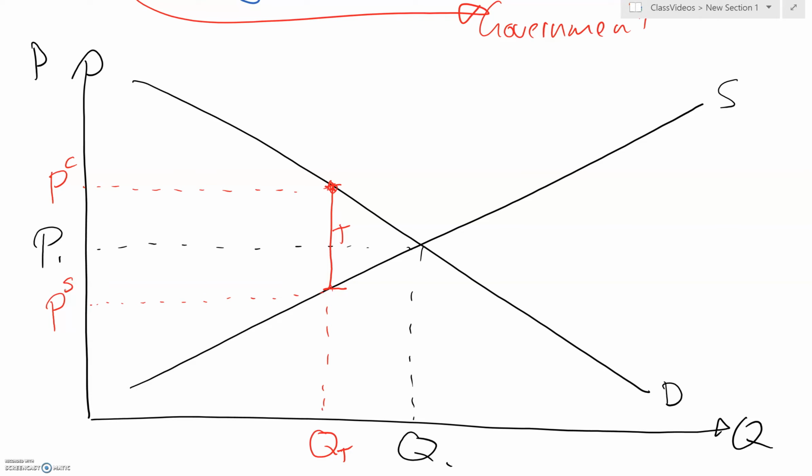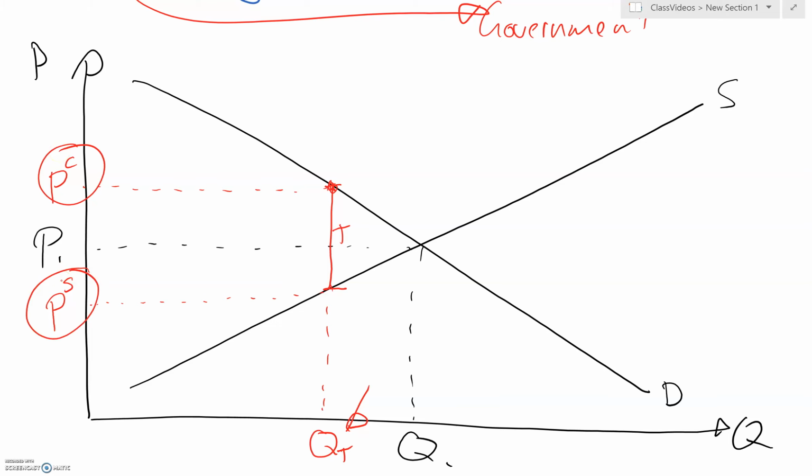The thing that's staying the same in this market is that buyers are buying the quantity that sellers want to sell. It's just that buyers and sellers are facing different prices. Buyers are thinking about the price consumers pay, and sellers are thinking about the price sellers receive.